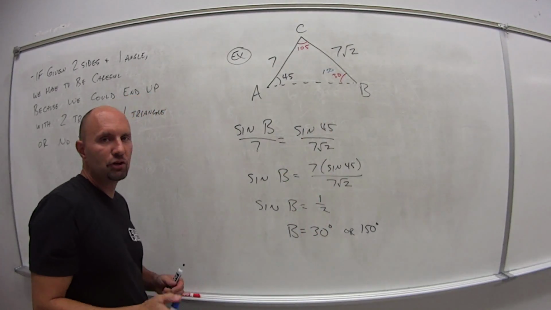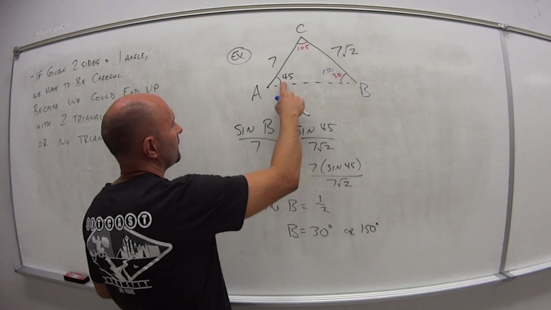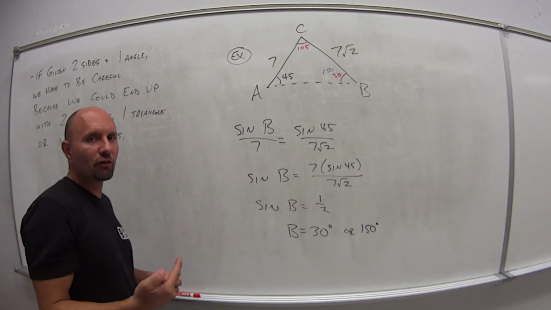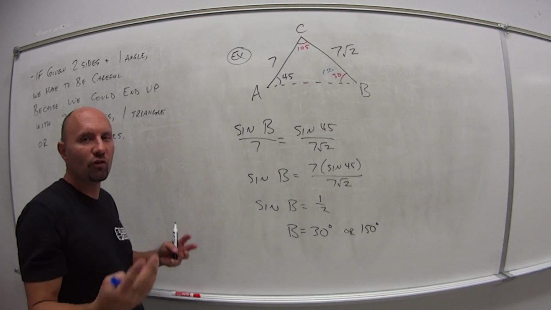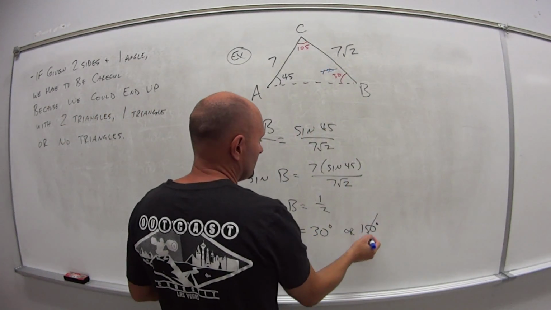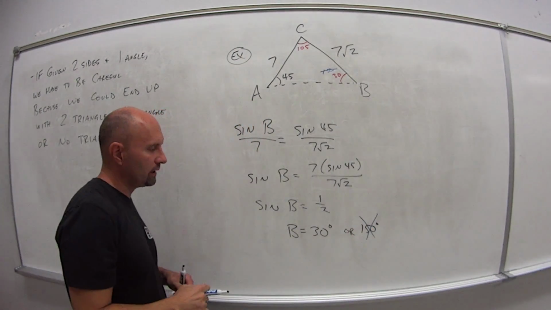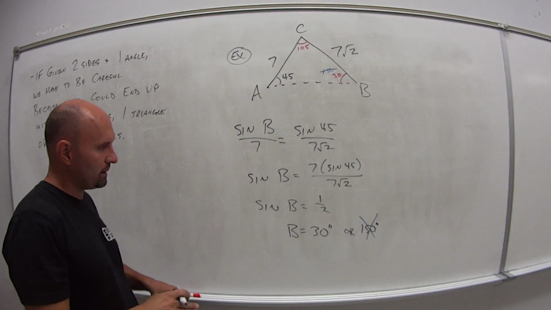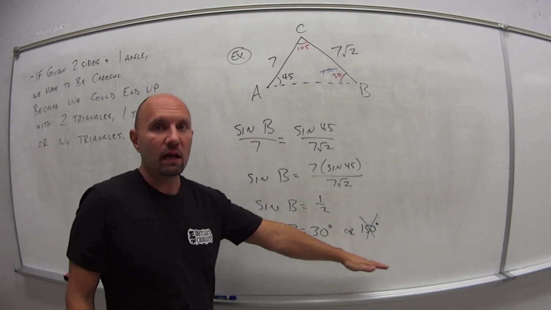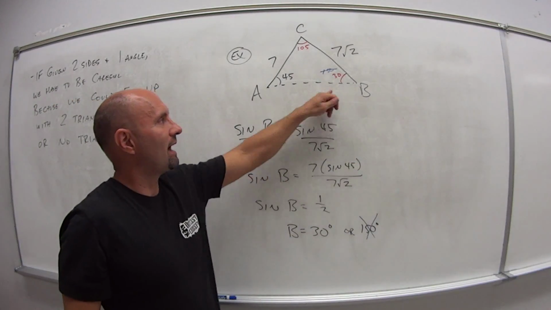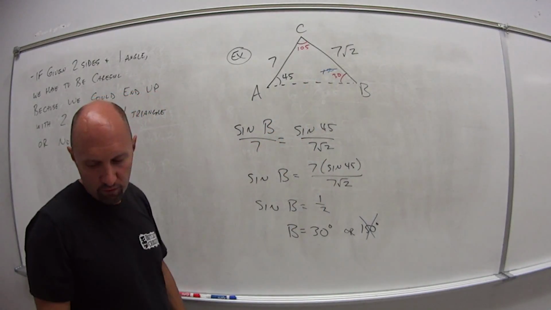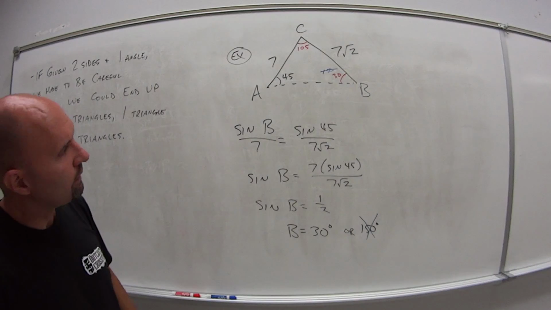There we have an issue, because if A is 45 and B is 150, adding those two together gives 195, which is already more than 180, so that can't be a possibility. So we're not going to consider that B is equal to 150 degrees. Numerically it works, but logically it won't, because in a triangle we couldn't have an angle B of 150 degrees.